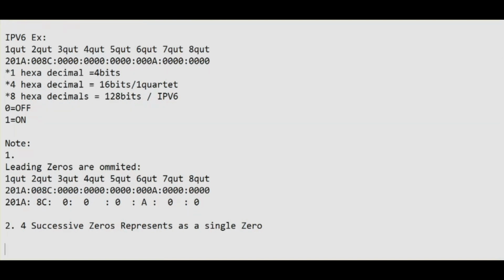And the third point, multiple fields of zeros are represented as a double colon, but only once in an address.